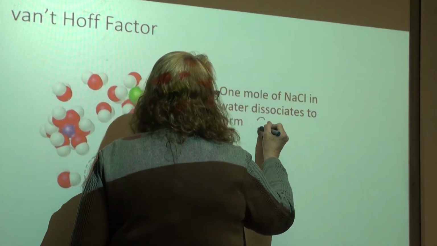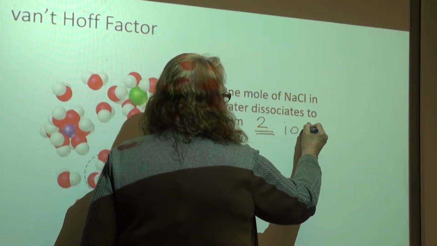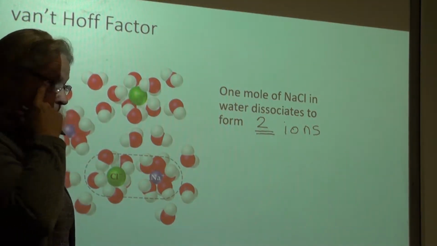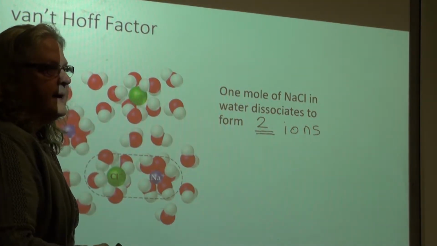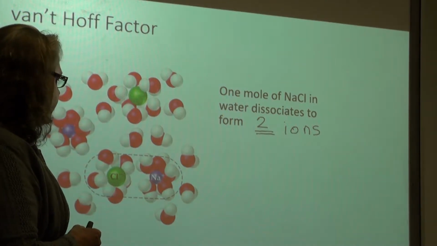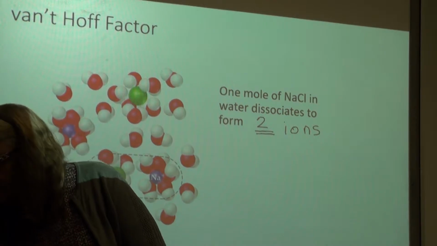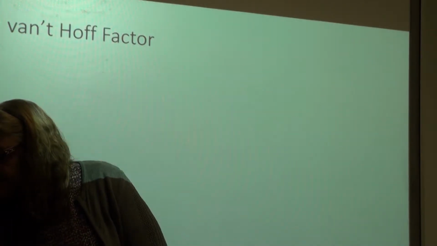Ions, right. 2 ions. All right. So it breaks apart when I put it in water to form 2 ions. I have to be careful about that. I have to take that into consideration when I'm calculating the molality of the solution.